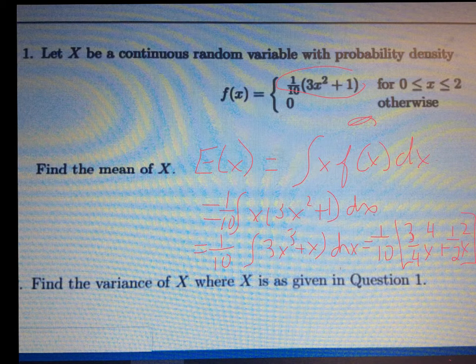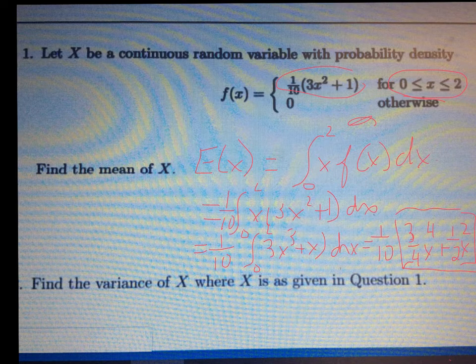Okay? So that's the mean, and what you want to do is, because it's between 0 and 2 for the domain, you want to evaluate that between 0 and 2. What you're going to do now is sub in 2 for x and evaluate this whole bracket here, and then sub in 0 for x, which will give you 0, and subtract those two values.